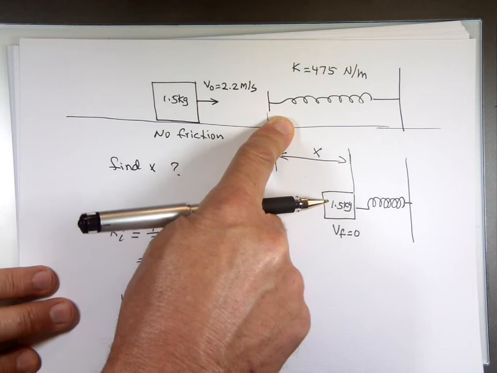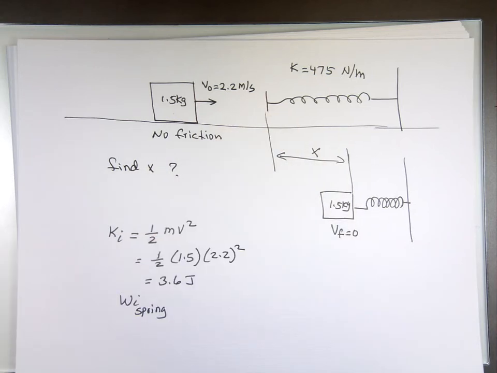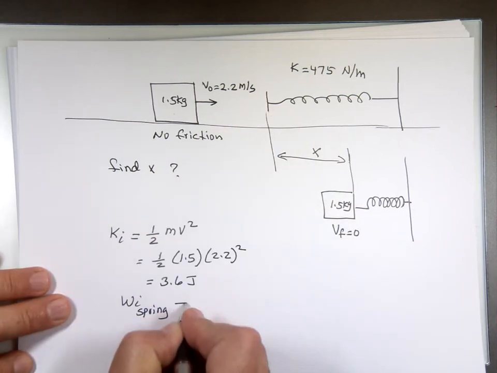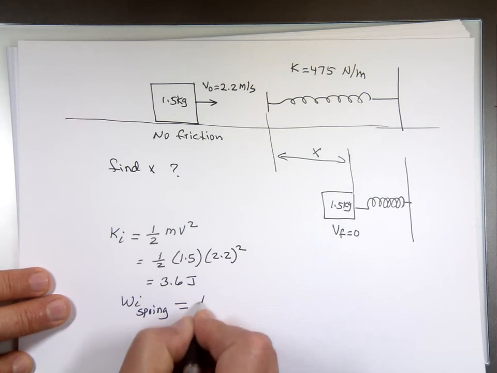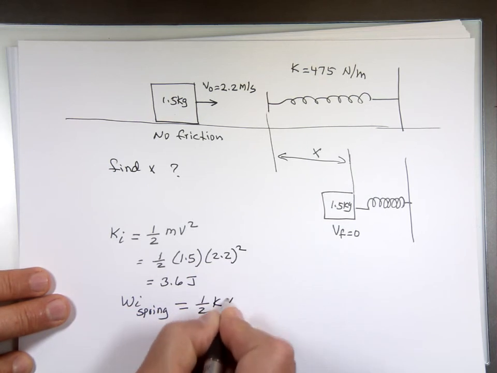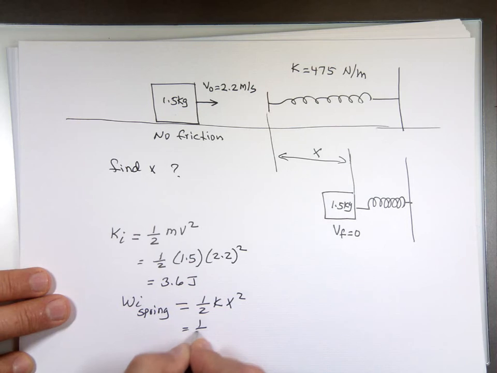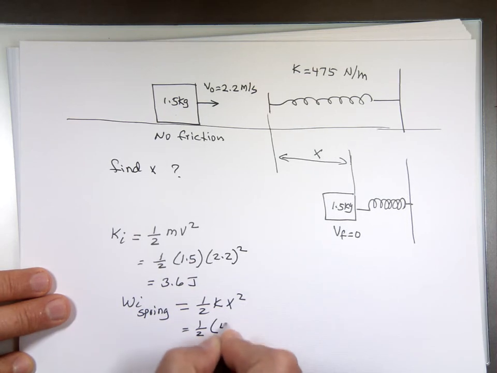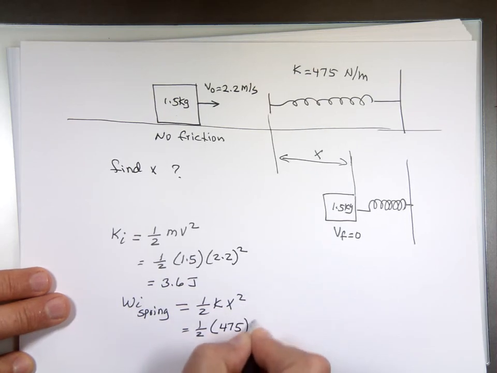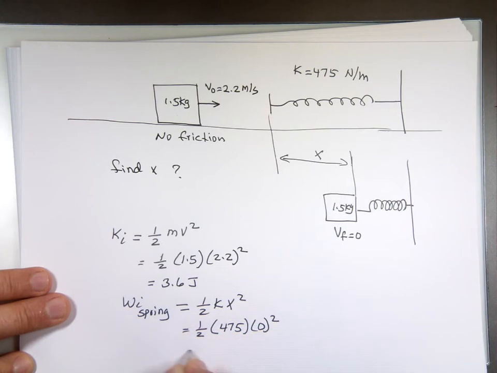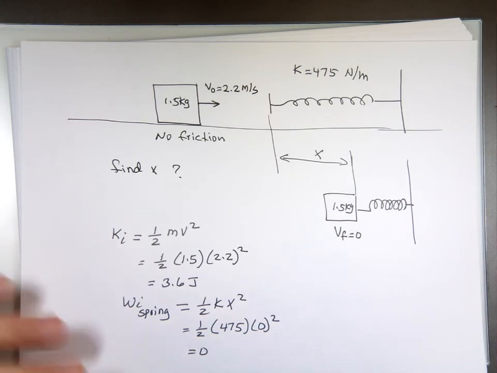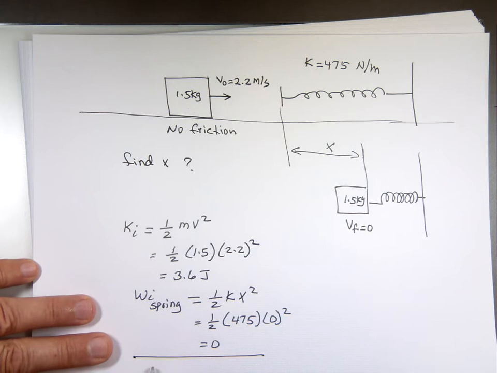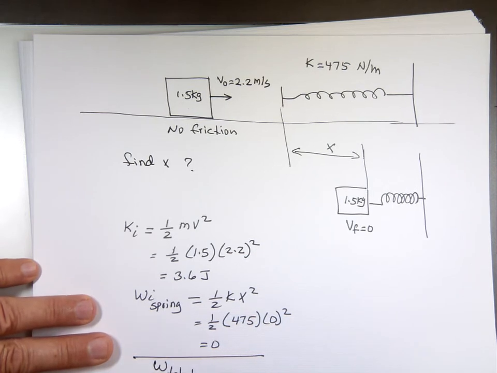It was just laying on the table, sitting by itself. So it wasn't stretched or compressed. 1/2 kx squared. K is 475. X is 0. That's really 0. What's the total energy initially? It's going to be 3.6 joules. You add these two numbers.